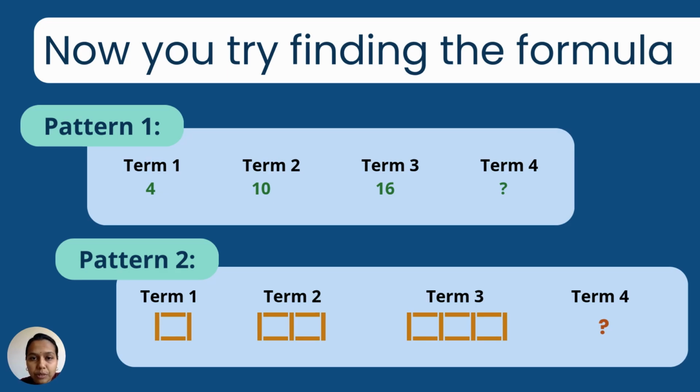If each of them gives you the right output, that is your formula and it is proven to work. Finally, all you'll have to do is find term 4 by using the formula and filling in your term 4. So try that. It may take a bit of time because you're still trying it for the first time. Don't be hard on yourself. Take it easy. Then come back and look at the answer.